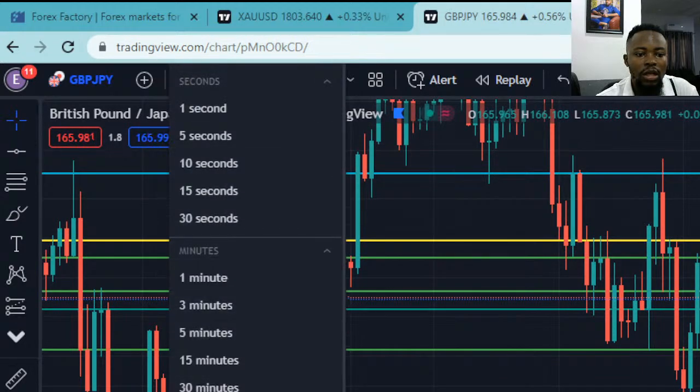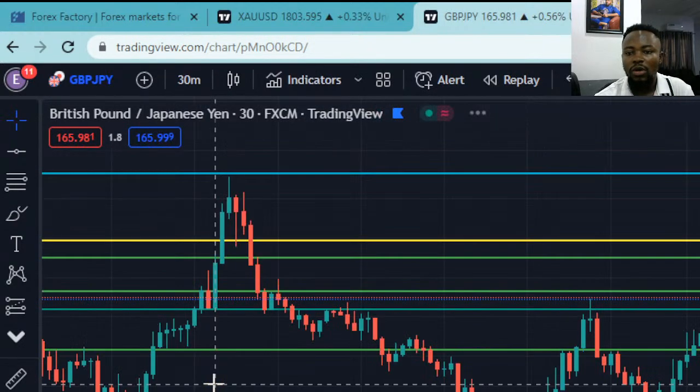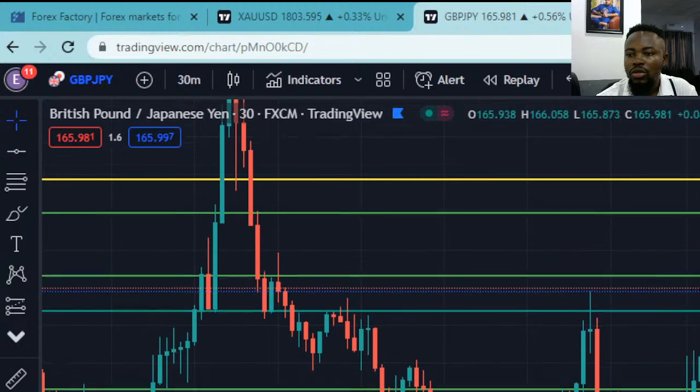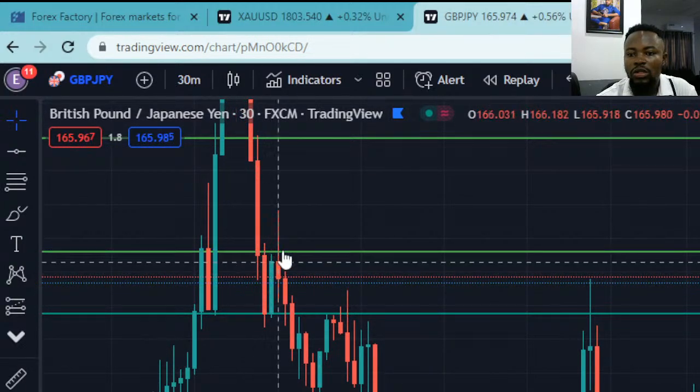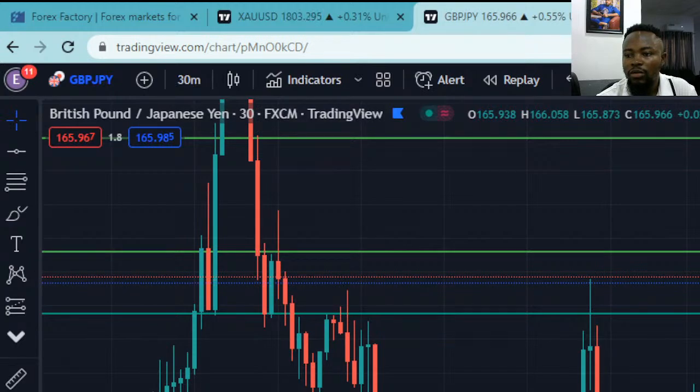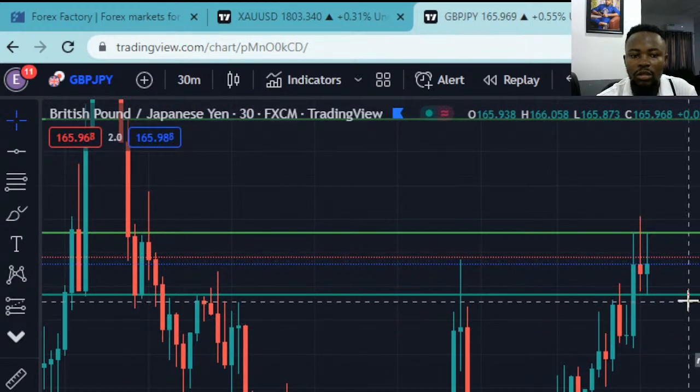So the daily time frame and the 4 hours time frame are all bullish, so we are looking for buys here, but we need to close above here. With the way we are closing right now, I don't think we are going to be doing anything here on pound yen unless we close above here, right?